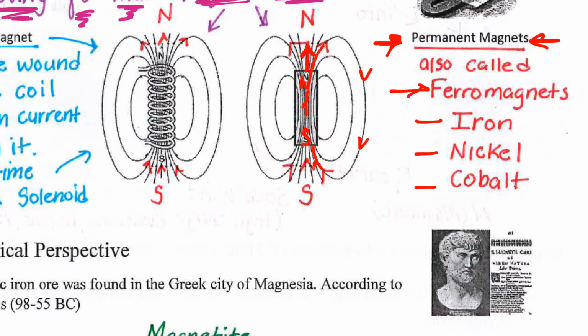And notice I did not say begins on north and ends on south. The language we use is very important, because magnetic field lines do not have a definitive beginning point and end point. They come out of north, go into south, and you need to be precise with your language in physics in general, but now specifically with magnetism: do not say that they begin on north and end on south. They come out of north and go into south and go through the material.